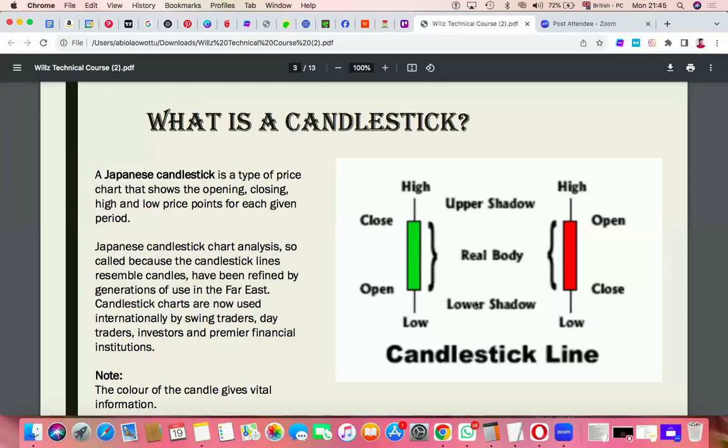Why does it give vital information? Because each candlestick that forms in the market has a vital role to play: one can indicate a buy candle, a bullish candle, and the other can indicate a sell candle, which represents a bearish move.